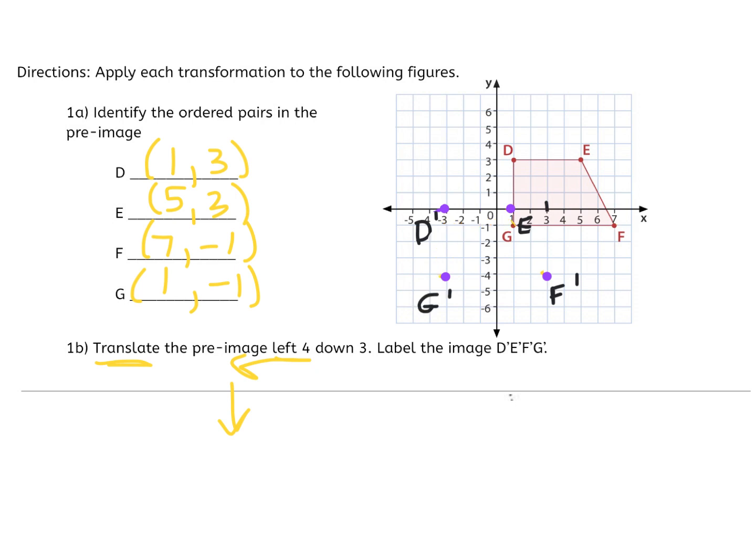Then I'm going to neatly connect all 4 points. And then I should have a congruent figure, the same shape and the same size, just translated left 4 and down 3. And everything is labeled D prime, E prime, F prime, and G prime.